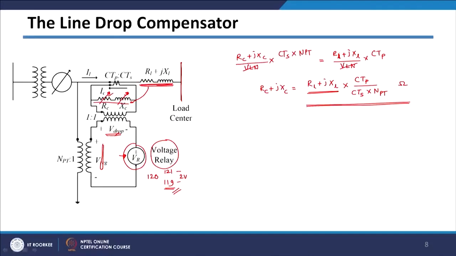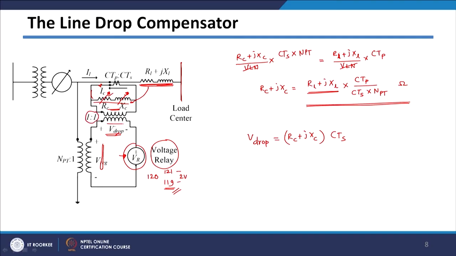Many times, you can calculate this voltage drop. So, V drop will be equal to this impedance multiplied by your secondary current, so it will be just RC plus JXC multiplied by your current CTS, which is flowing in the secondary side. This current multiplied by this impedance, the same drop will come here, and since this is a 1:1 transformer, this drop will appear here.